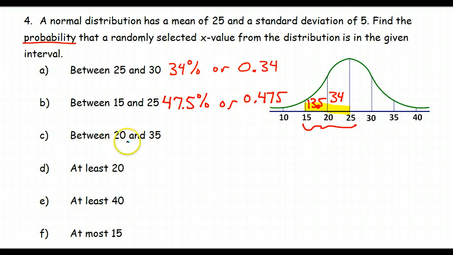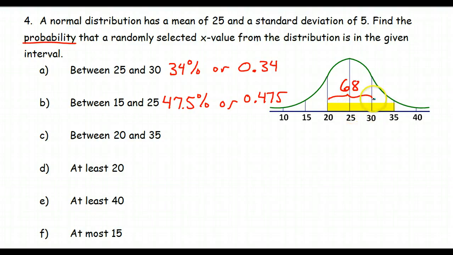Okay, between 20 and 35. Here's 20, here is 35. Well, we know that from here to here is 68. We've memorized that: one standard deviation in both directions is 68.